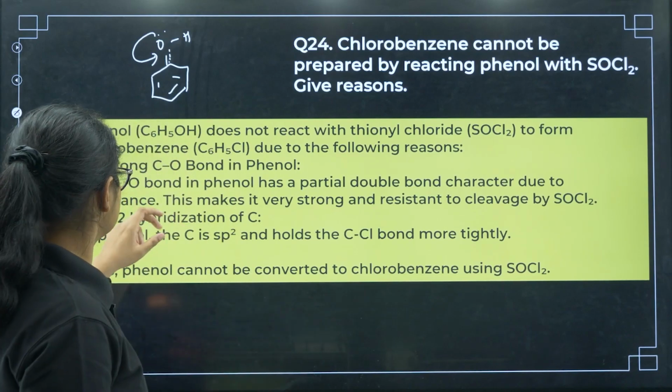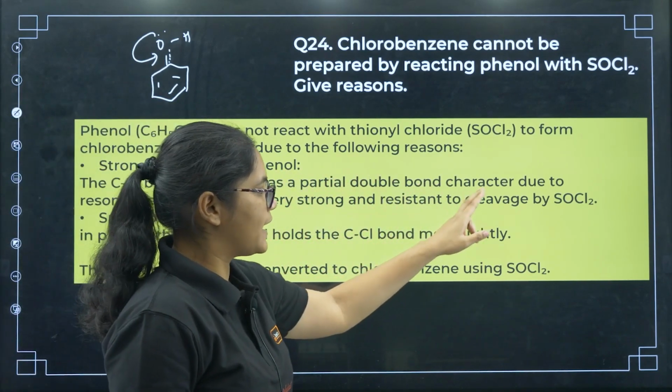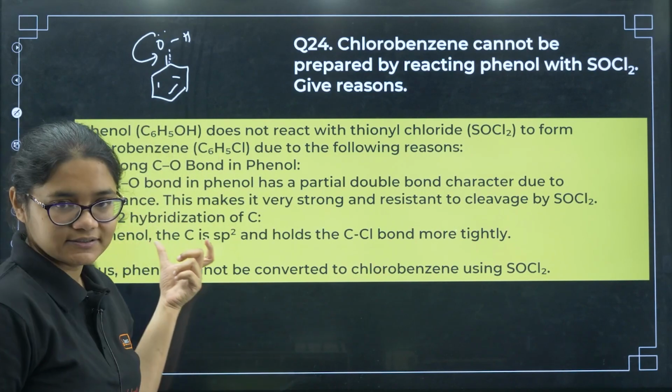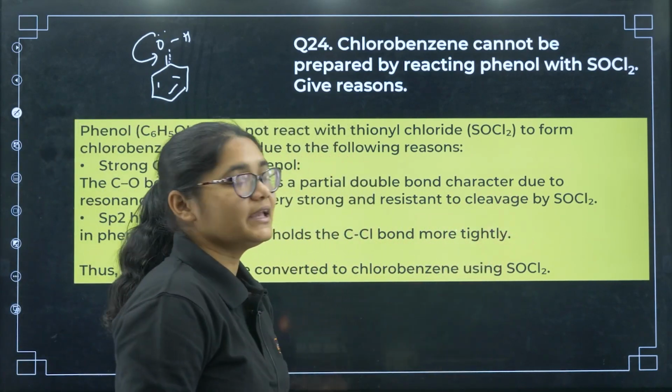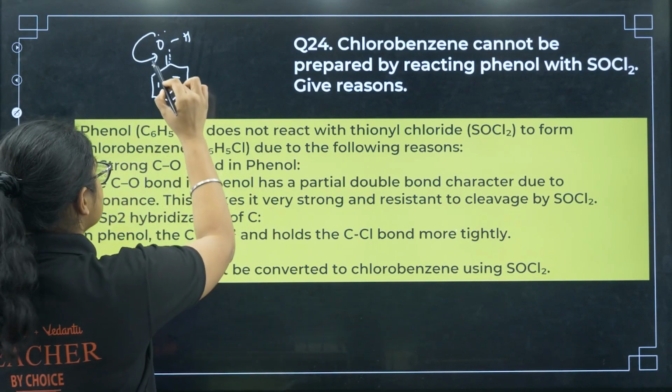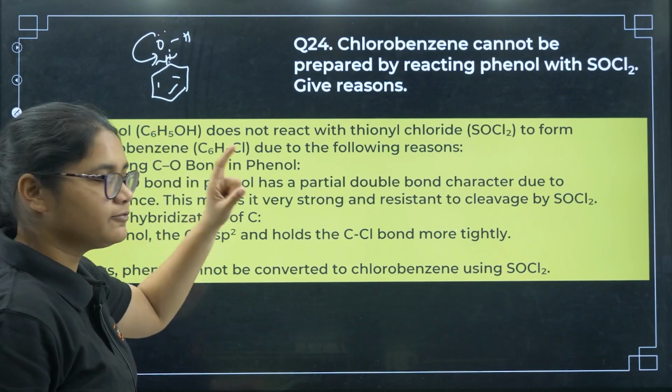So the C-O bond in phenol has a partial double bond characteristic due to resonance. This makes it very strong and resistant to cleavage by SOCl2. Because of this partial double bond, this bond cannot be broken easily. That is the first thing.